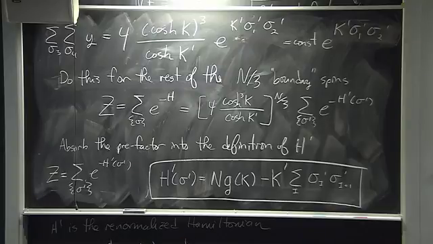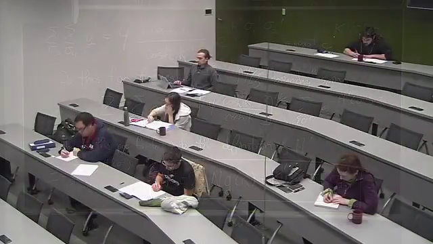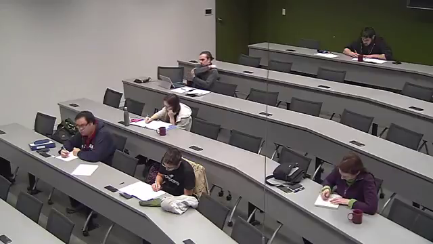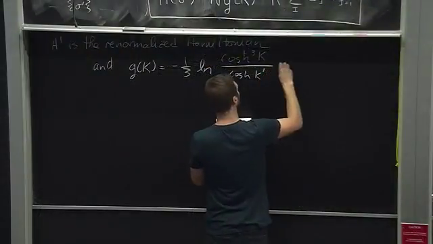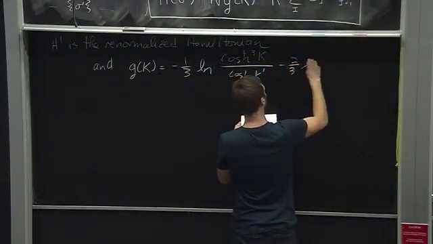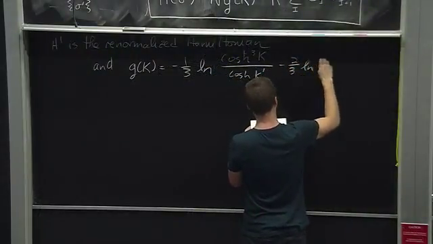So for completeness, let me just write this. Cosh 3K, some constant, whatever.